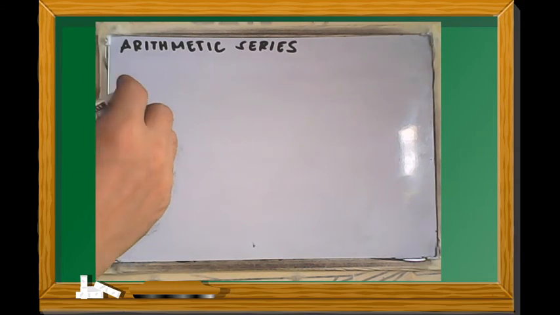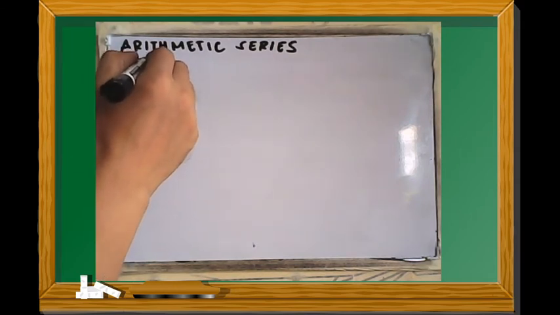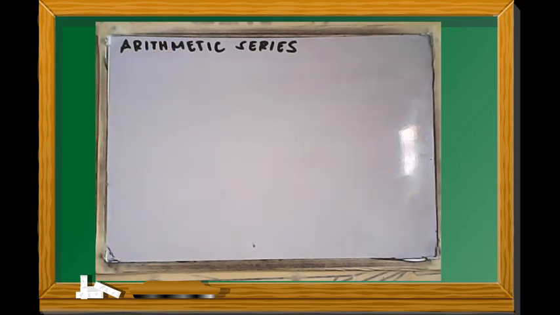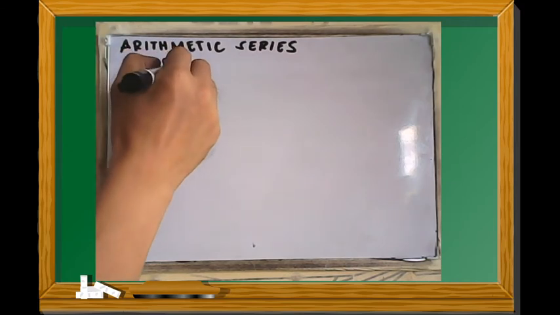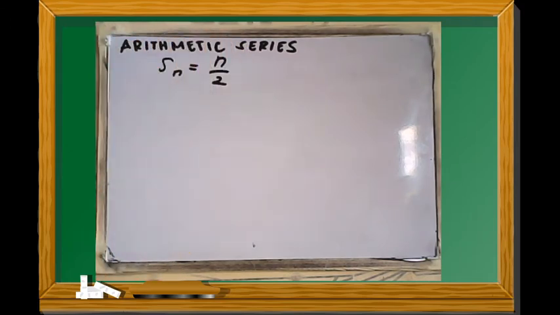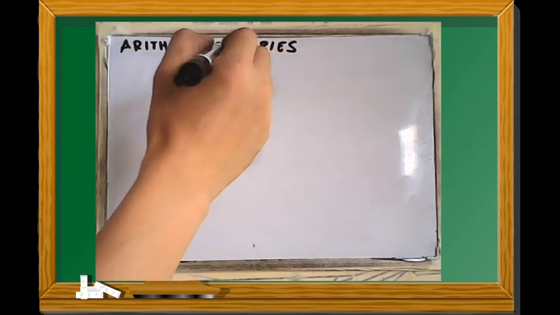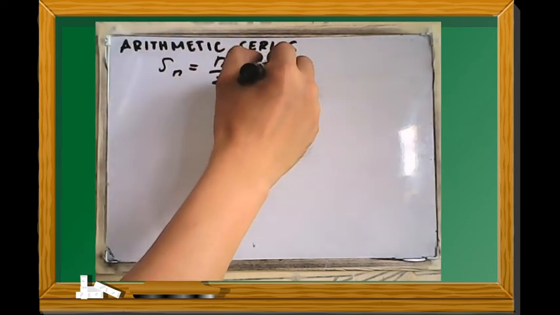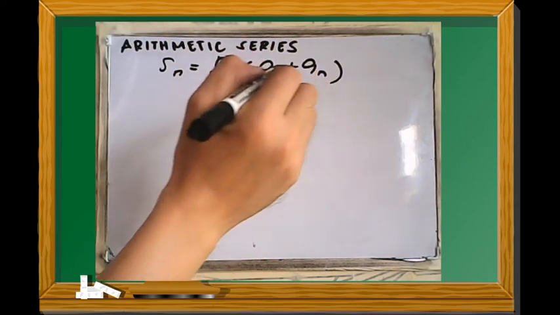What if the given is, let us write the formula again. S sub n is equal to n over 2 multiplied by a sub 1 plus a sub n.